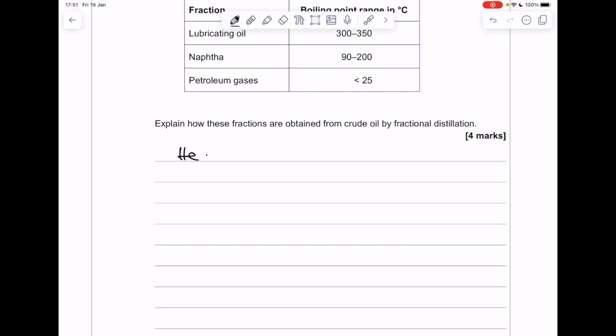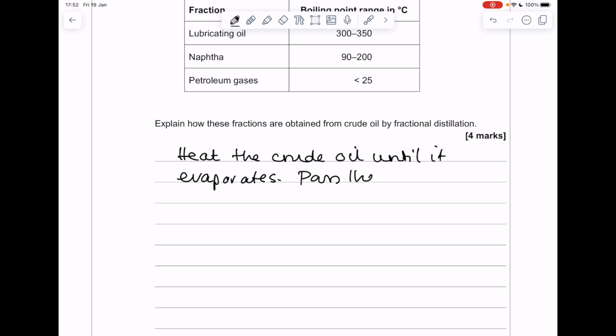So we heat the crude oil until it evaporates. Pass the vapour into the fractionating column.